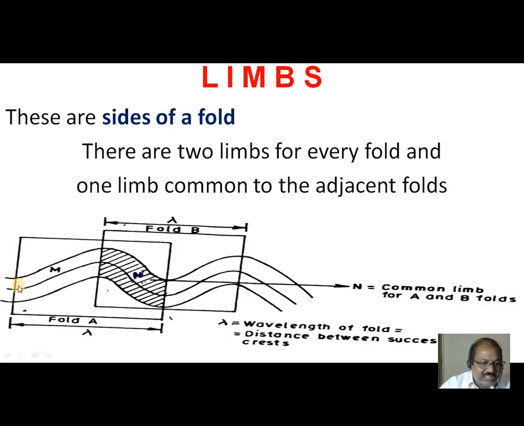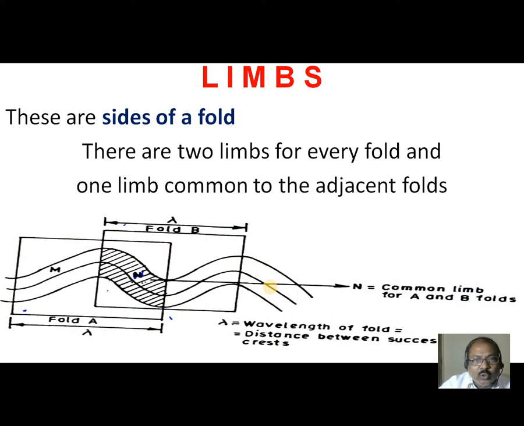Suppose we assume this is a fold, this side of the fold is called a limb. Likewise, this is also a limb, this is also a limb. So the sides of a fold are called limbs.